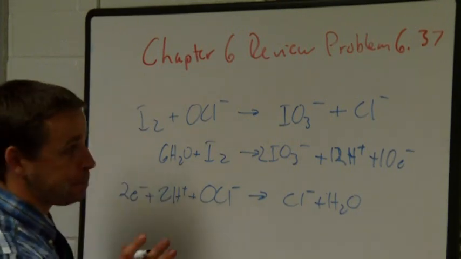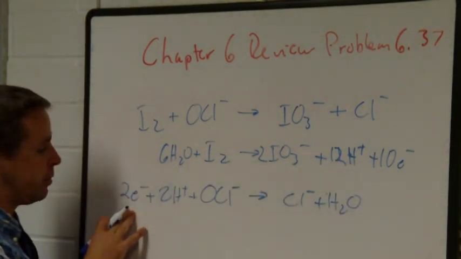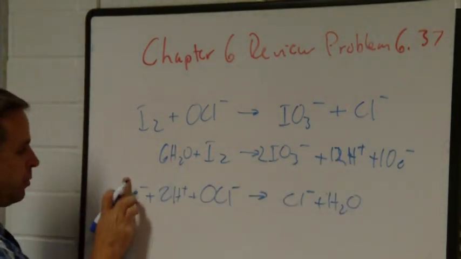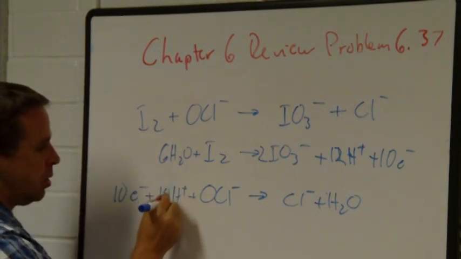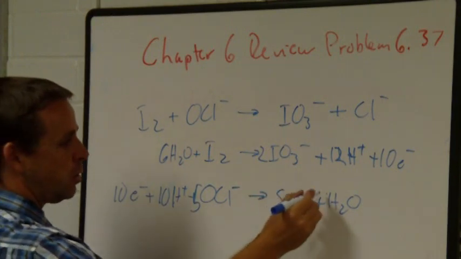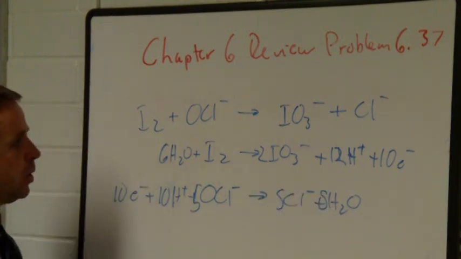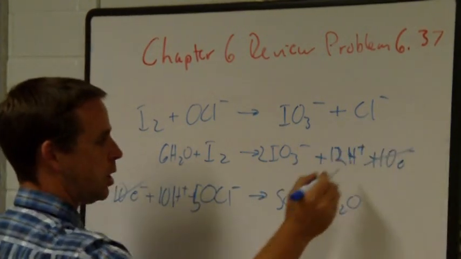All right, so now we have 10 electrons here, so we need to multiply this by 5, right? So I'm going to multiply this by 5 here, making this 10. Multiply this by 5, making it 10. 5 here, 5 here, and 5 here. All right? So now we can combine these together and see that the 10 electrons are going to cancel out.